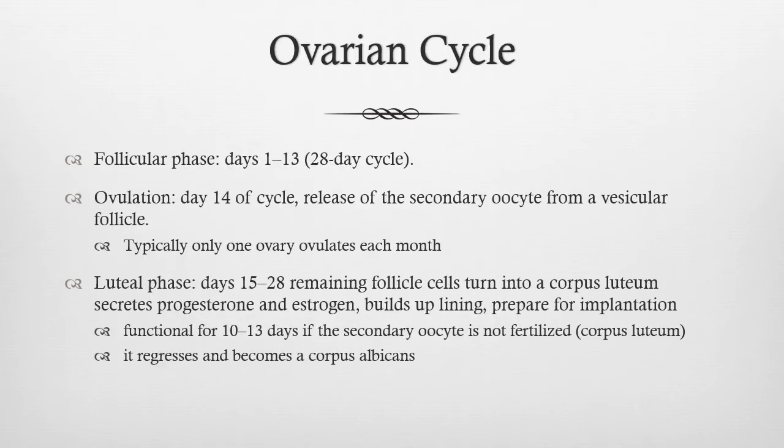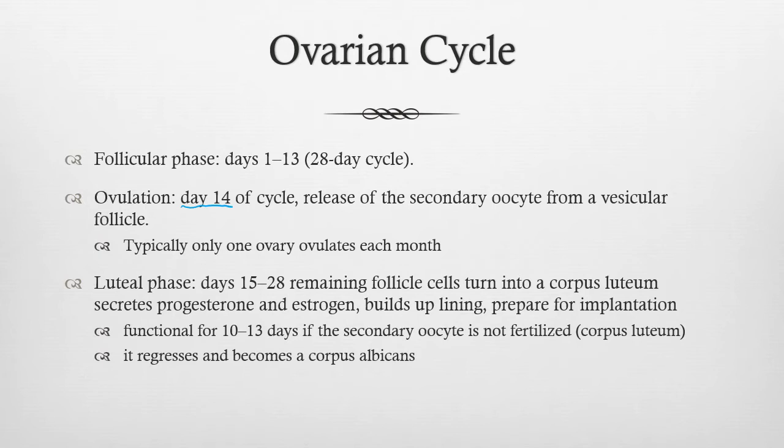With that, we have to keep in mind the processes going on during each portion. When we look at the ovarian cycle, we have the follicular phase, where the follicle is making its last changes to get to the point of day 14, when we're going to have ovulation. The follicular phase begins day 1 with the first day of menstruation.